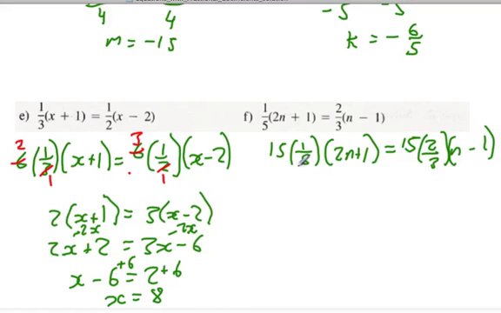So this simplifies. 5 goes into itself once and into 15 3 times. And 3 goes into itself once and into 15 5 times. So this is 3 times 1, which is 3, times 2n plus 1. And over here we have 5 times 2 is 10 times n minus 1.